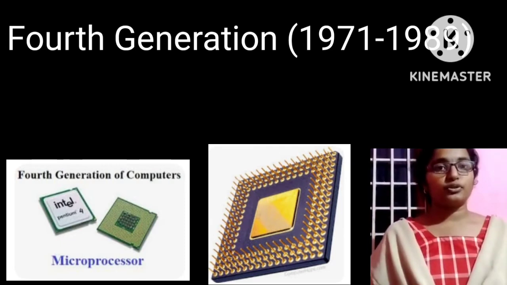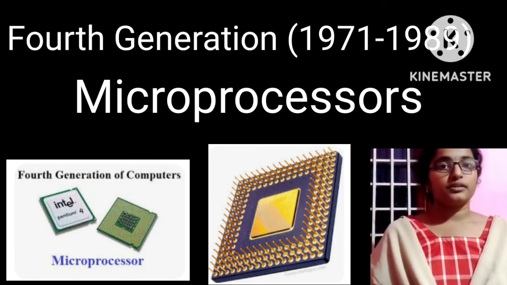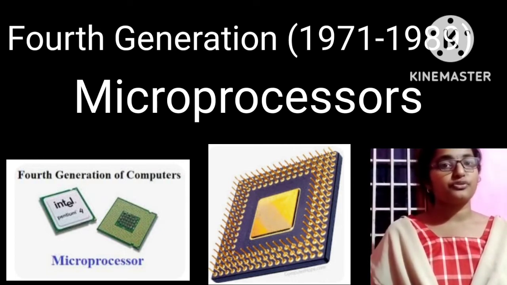Let's talk about fourth generation, 1971 to 1989, microprocessors. In the fourth generation, microprocessors were used: thousands of integrated circuits built on a single silicon chip. The Intel 4004 was developed in 1971.